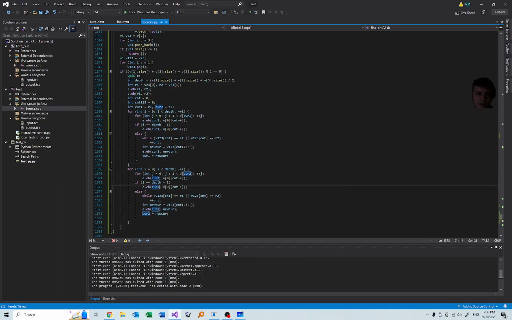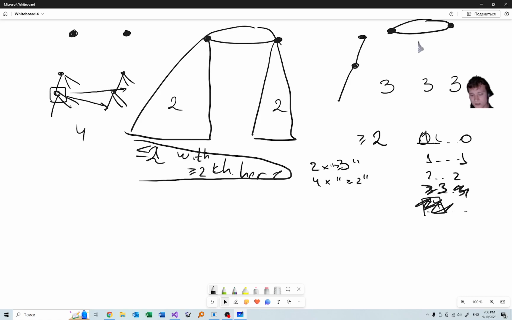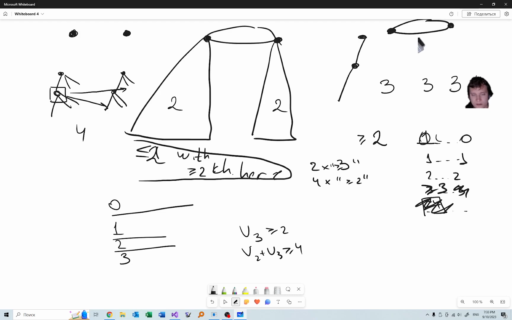Okay, I really tried, but it's not worth it. So conceptually, what do we do then? If it is odd, then it's still usually possible if it is big enough. So we have leaves, which are zeros, zero children, 1s, 2s, and 3s. If v3 is at least 2 and v2 plus v3 is at least 4, it means that we have a branching and we can make a replacement.